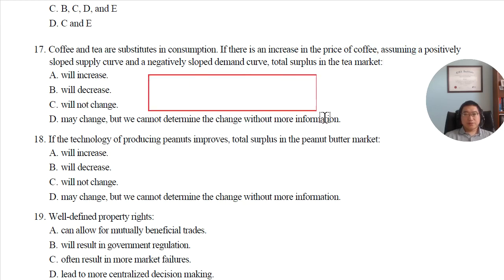So price of coffee rises, then my quantity demanded in coffee drops, but to satisfy my need for caffeine, I would need to consume more tea. So it's basically the demand for tea rises.